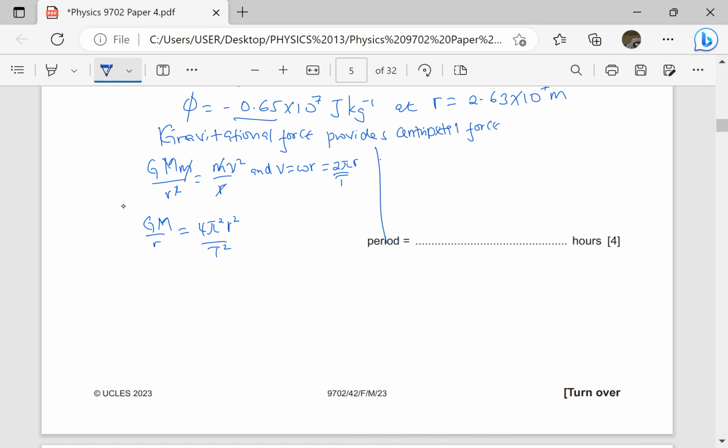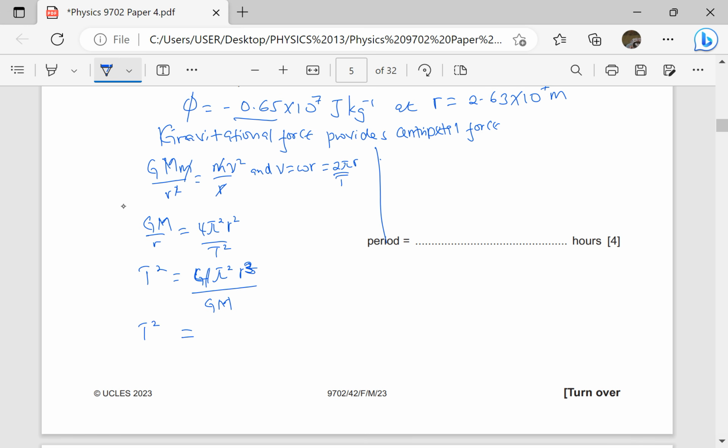Then I cross multiply, or I make T the subject. So T squared is going to be equal to 4 pi squared r squared divided by... I'm making T squared the subject, so this becomes r cubed when I cross multiply, so divide by G times M. Before I substitute these values, I want to be very sure.